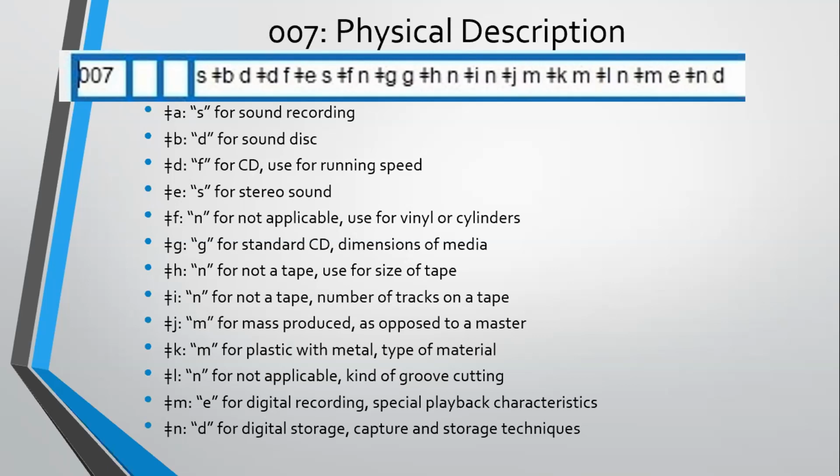Subfield J, the kind of disc, cylinder, or tape. You'll have code M for mass produced, and the note here is as opposed to a master. And if you're like me, you may not have known what that meant until the whole fiasco with Taylor Swift losing the control of her masters.